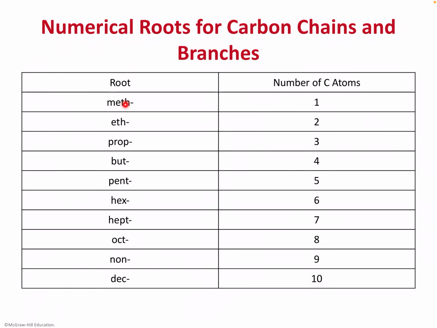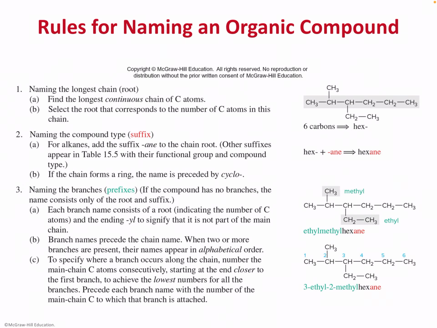So meth-yl makes it methyl. If you have two carbons, the root name is eth. Since it's a branch, you say ethyl. So this second carbon has a two-carbon group attached to it. So ethyl, and one carbon, methyl. They are not methane and ethane. Since they are groups attached to the main carbon chain, you have to represent them as methyl and ethyl.